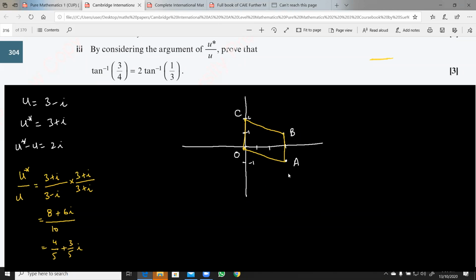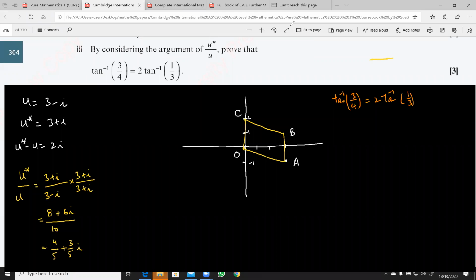Okay, so we have to prove that tan inverse of 3 over 4 is equal to 2 tan inverse of 1 over 3. Before we start proving this, you need to have something in your pocket.